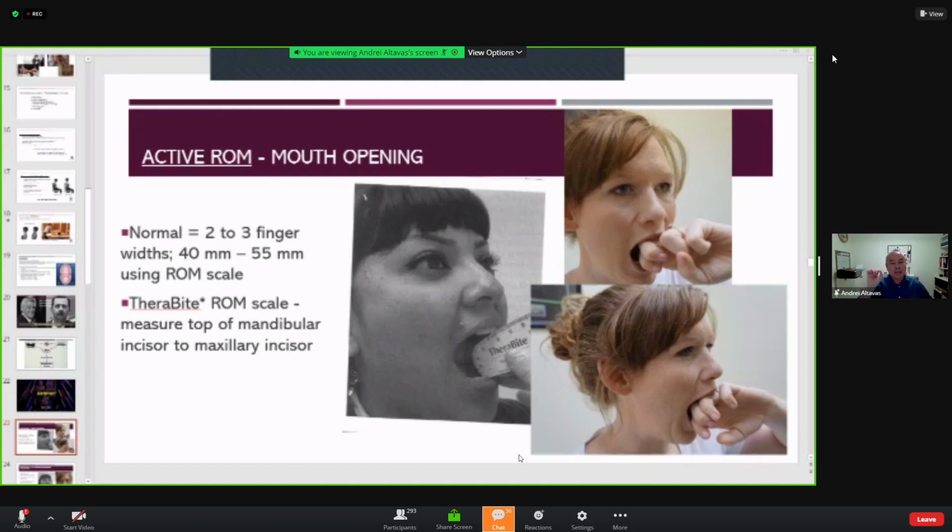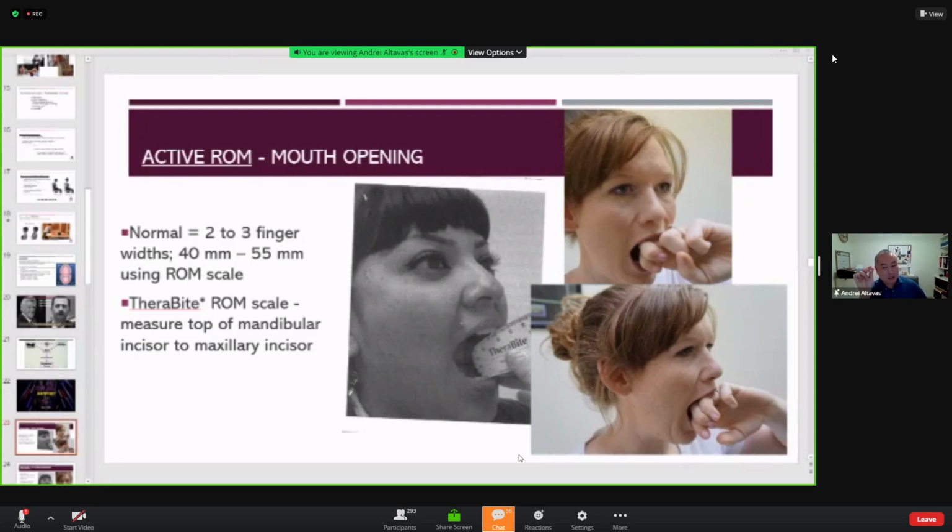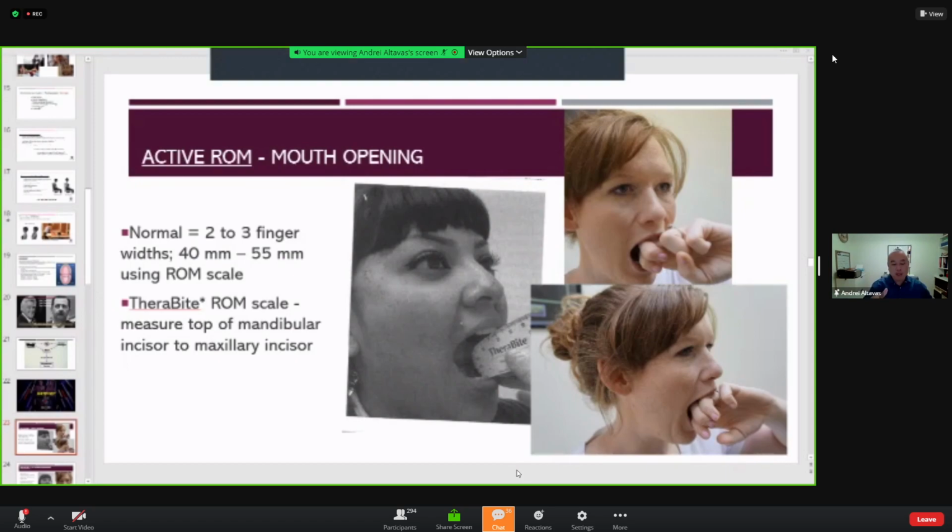There is also a scale that's made of, I think, steel, so just make sure when you measure each person, always disinfect the whole piece. I usually get the disposable one, so after each use, I just throw them away. So that's another way you can measure your mouth opening, on a millimeter scale.